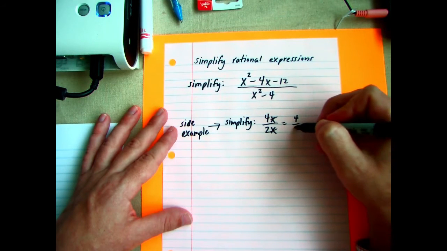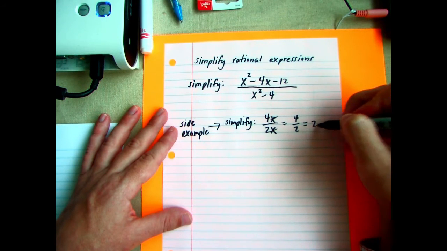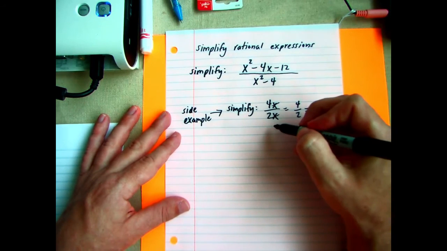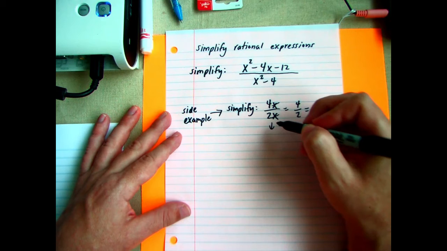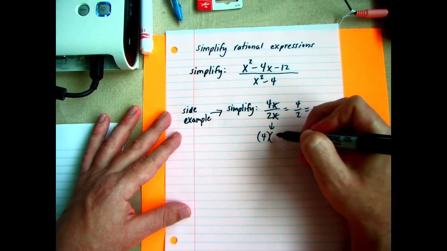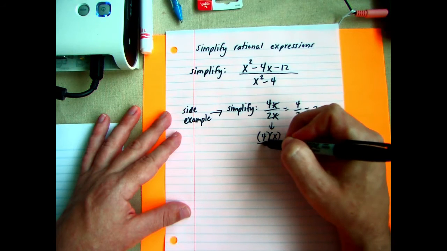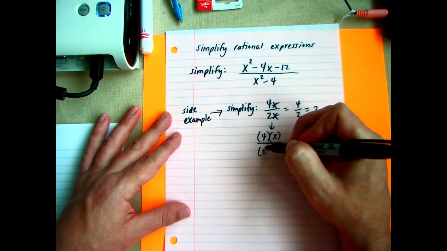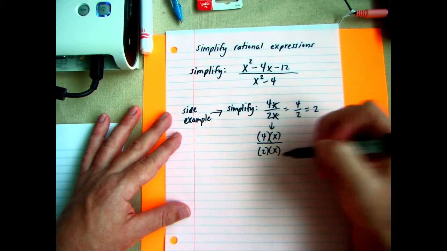And the reason why is what I like to call the bubble. In the numerator, you have 4 in a bubble times x in a bubble. In the denominator, you have 2 in a bubble times x in a bubble.